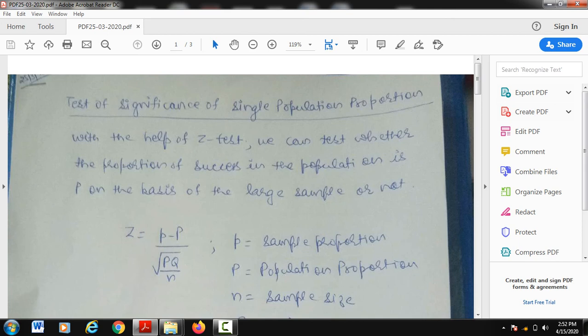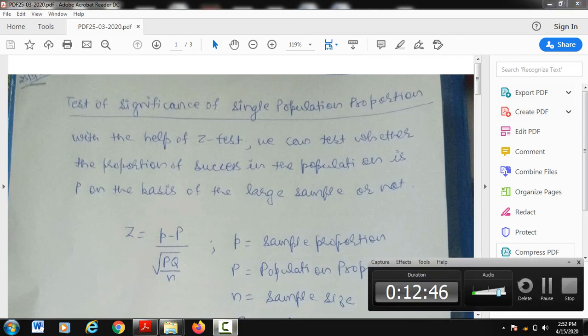Okay students, clear? So the first condition for applying Z test is that the sample size should be greater than 30. It should be applicable for the large sample test. And secondly, the basic applications for the Z test are like this: to check the difference of a single mean, then differences of means of two samples, then a single population proportion or more than one population proportion.